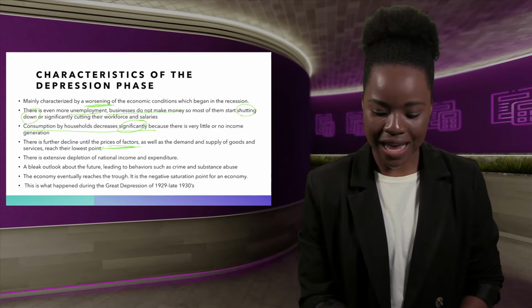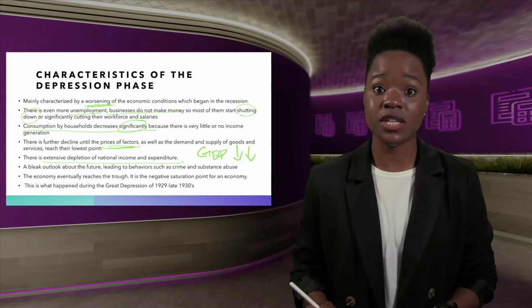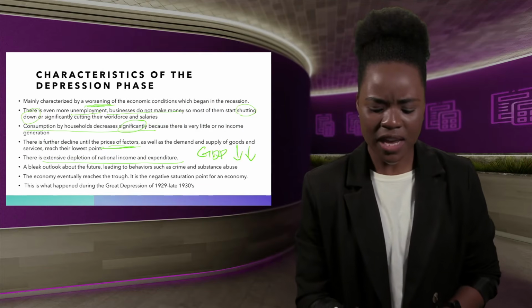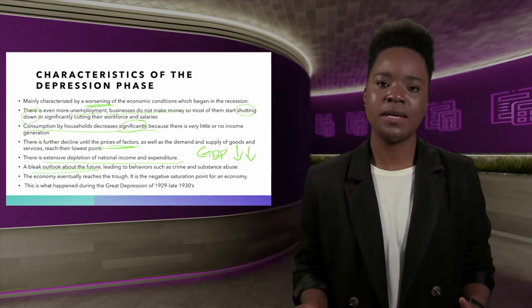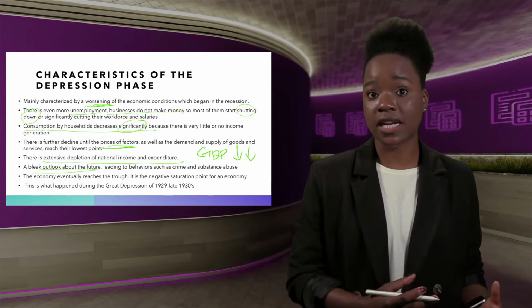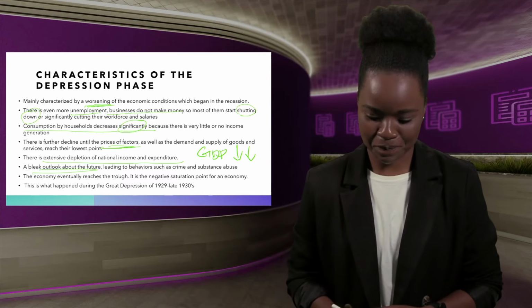We also have an extensive depletion of national income, which means our GDP goes down the drain. Our GDP is at its lowest, it's underperforming. We also have just a bleak outlook about the future. People are not excited about what the future holds, and most of them move out of the country if they can. They go and pursue greener economic pastures.